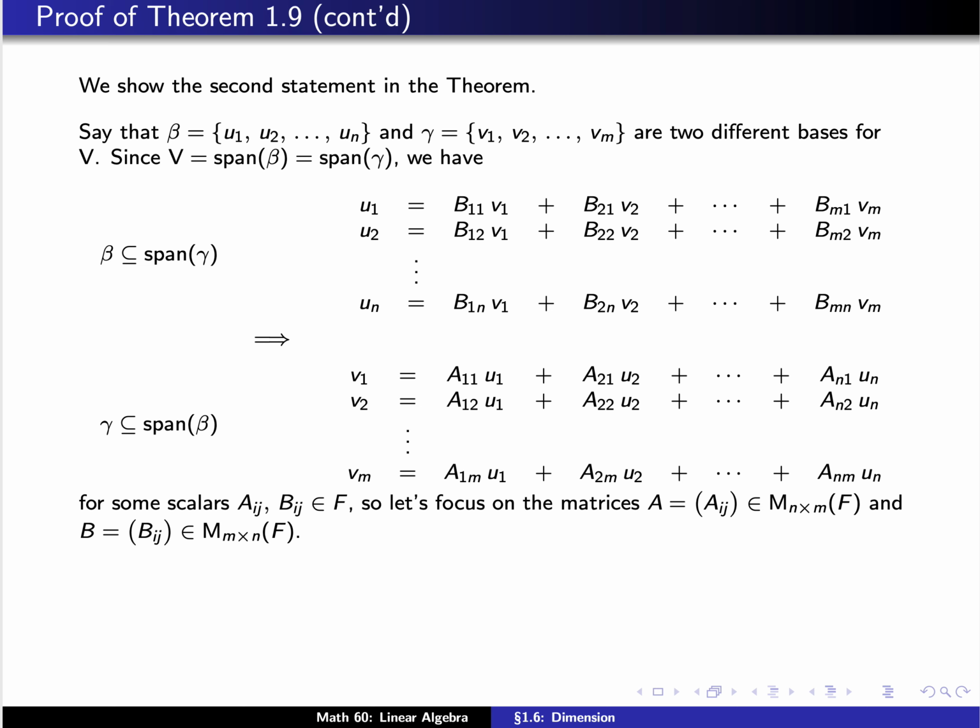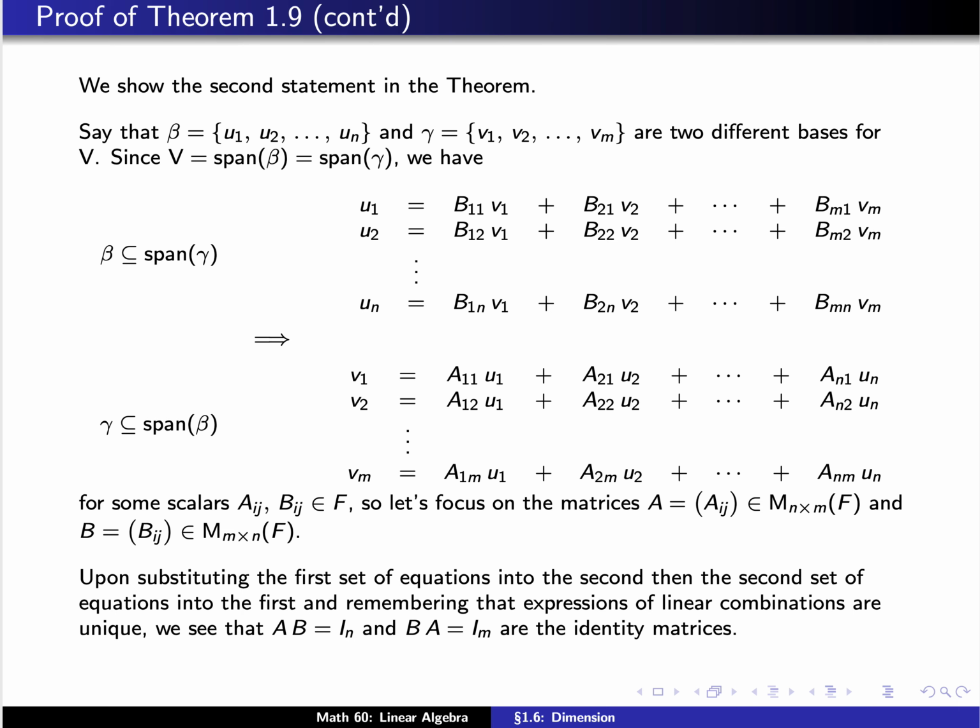Similarly, gamma should be contained in the span of beta, so I can write v1 as a11 u1 plus a21 u2 plus up to an1 u sub n. So again, I can write every element, the u's from beta, as linear combination of elements from gamma, and I can write every element, namely the v's from gamma, as linear combination of elements from beta.